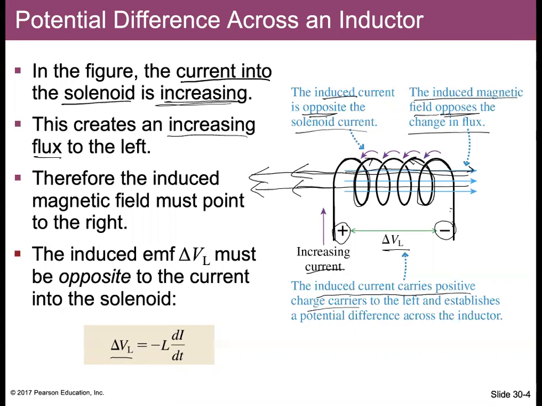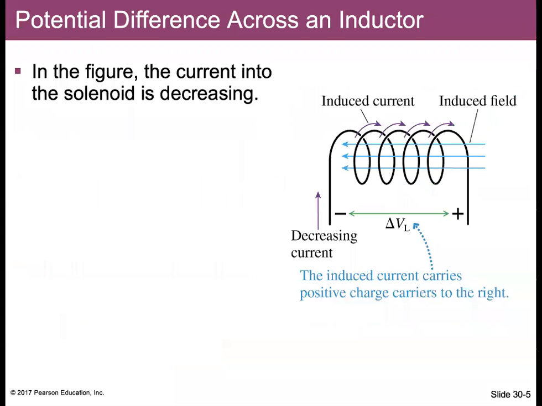Now let's look instead at what would happen if we have the current decreasing. So now in this figure, we still have our current going in the same direction, going from left, around here, to the right. And so this current here is taking positive charges over here and has negative charges over here.